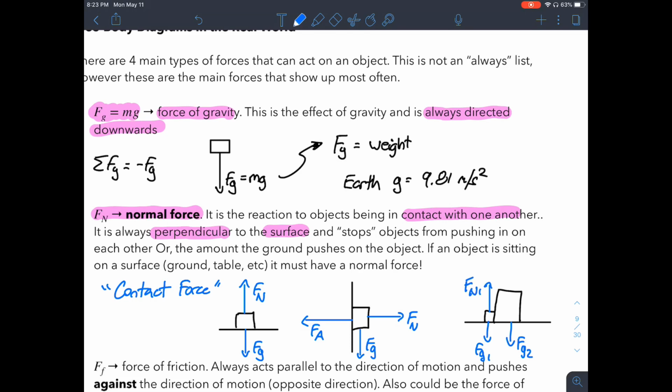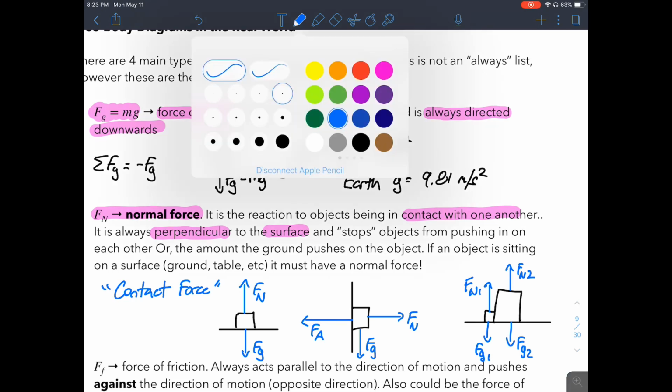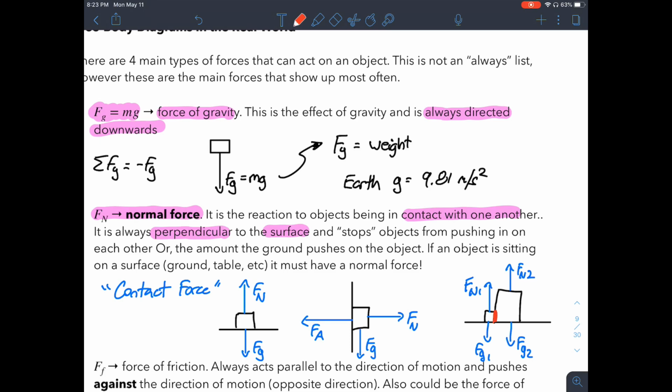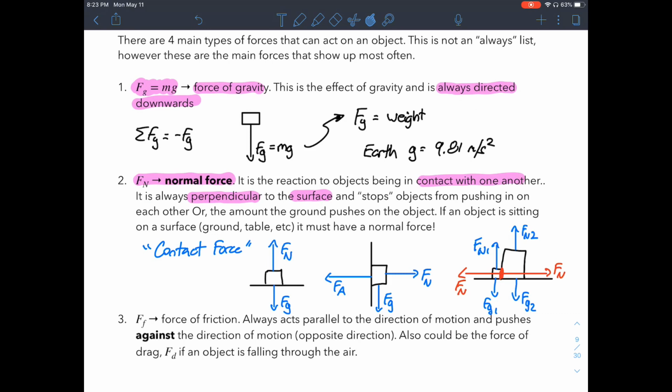I'll call that FN1 and FN2. But what we're missing here is this part right smack dab in the middle, where we've got a normal force pushing that way, and then we've got the normal force going in the opposite direction because we have contact between them. Anytime you have contact, be it with other objects or the ground or walls or anything like that, you must have the normal force. Cool.